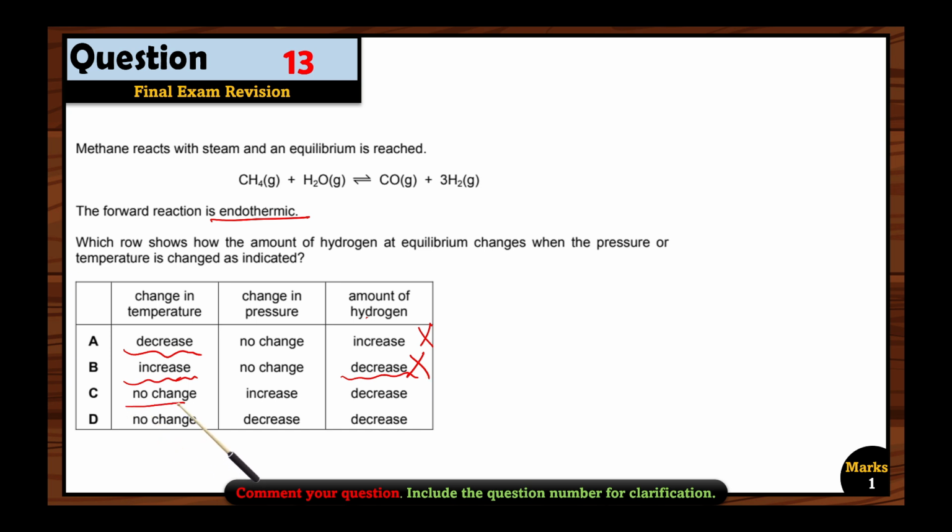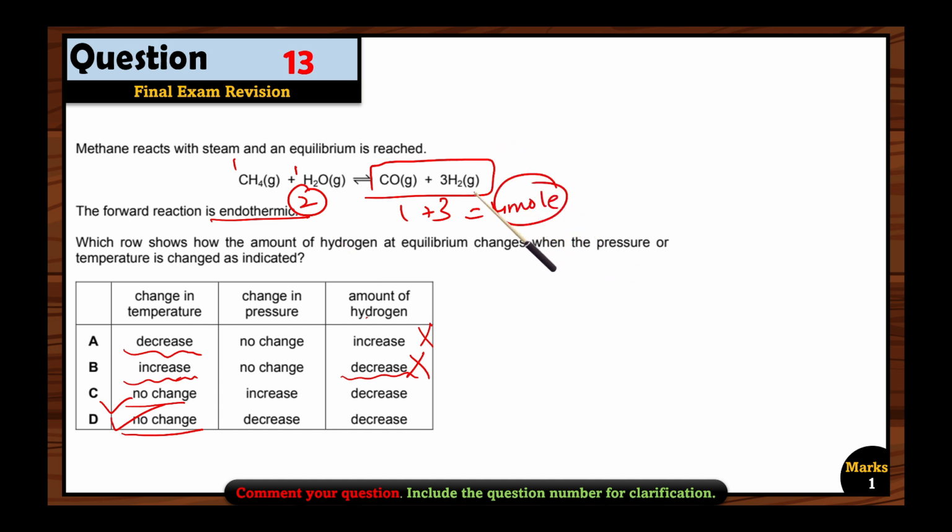Now let's see for no change, no change. We are only left with this option. So let's see the change in the pressure. If there is no change in temperature and you increase the pressure, let's see how much effect it will have on which side. How many moles of product do we have here? 3 and 1 is 4. Here we have 1, 1, so it's total 2. So we have 2 moles of reactants and 4 moles of product.